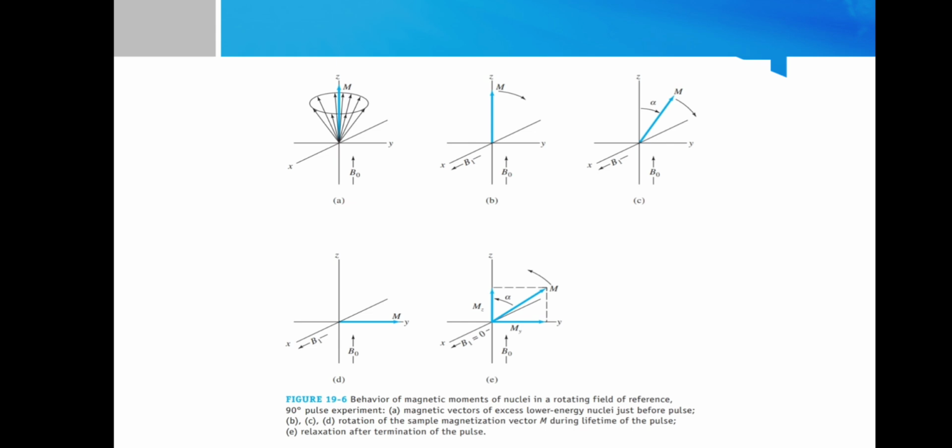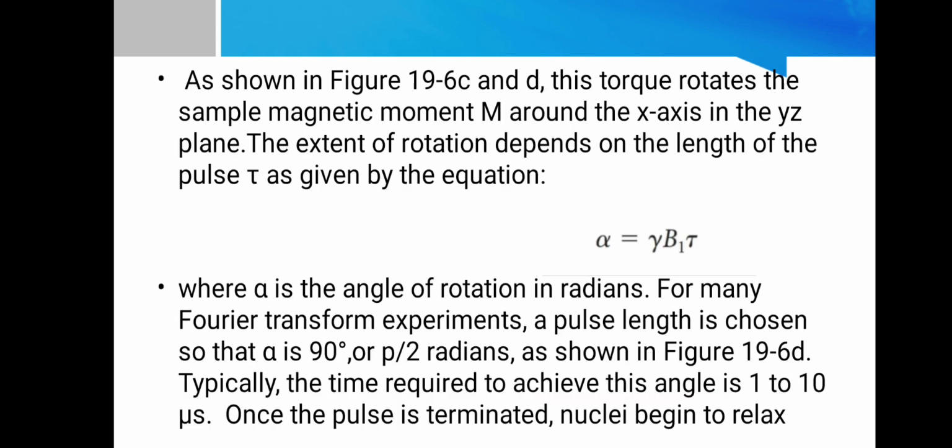90-degree pulse experiment. Magnetic vectors of excess lower energy nuclei just before the pulse. B, C, D show the rotation of the sample magnetization vector M during the lifetime of the pulse, and relaxation after the termination of the pulse. As shown in the figure in D, this torque rotates the sample magnetic moment M around the x-axis in the YZ plane.